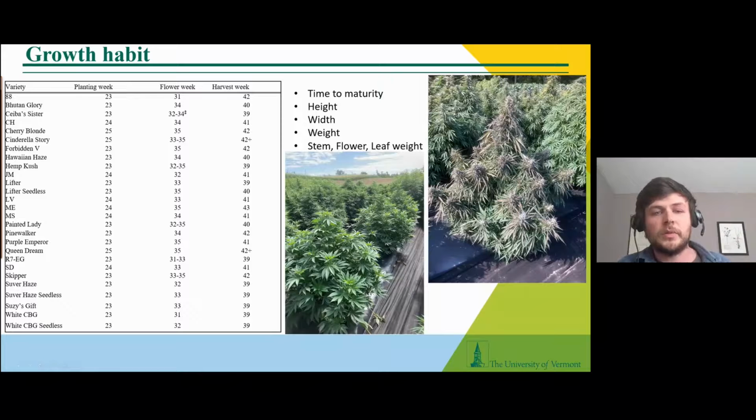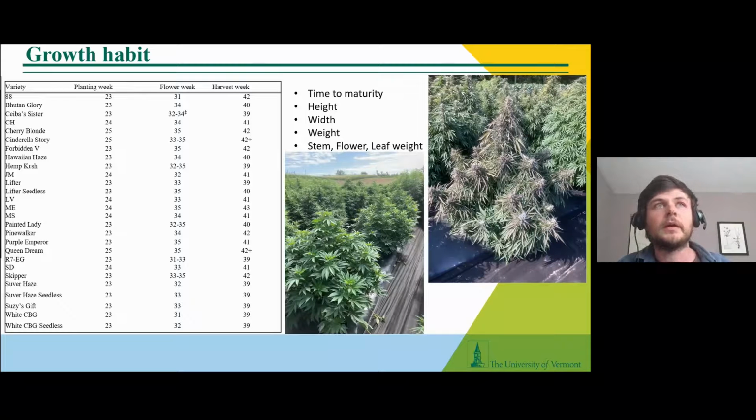And there's almost a 3-week difference in flowering dates and maturation. So there can be a fair amount of seedling variability, and that's something that we're also looking at and monitoring as we're going along.